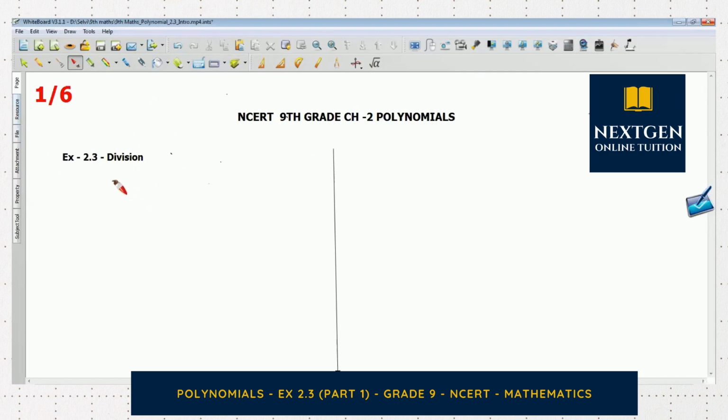What is division? Division is nothing but equal share of a main part or a whole part. Let me take 36 divided by 6.